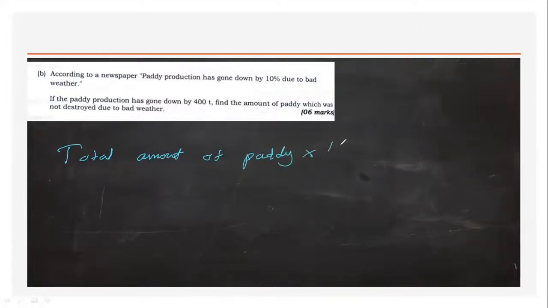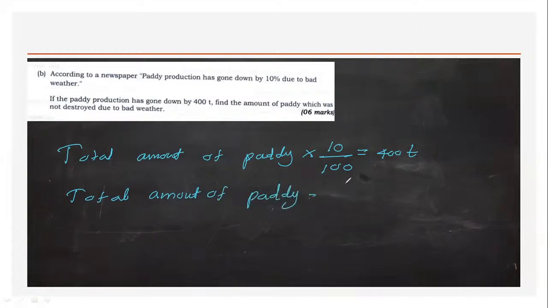From that, 10% destroyed due to the bad weather, that gone down amount is 400 ton. Then total amount of paddy equals 400 ton into 100 over 10. 4,000 ton.